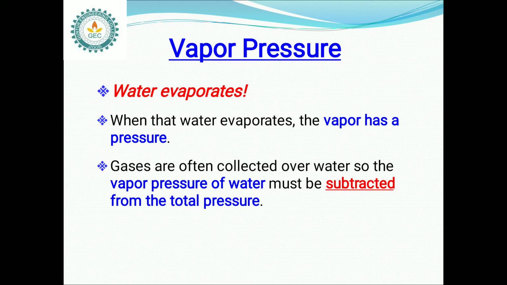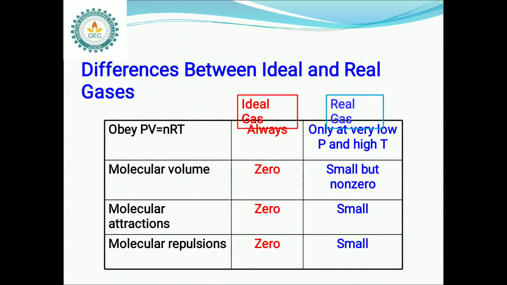Whenever the water gets converted into vapor, the vapor has an immense amount of pressure. By that pressure, the lid gets lifted and the whistling starts. Likewise, vapor pressure: when the water evaporates, the vapor has a pressure. Gases are often collected over water, so the vapor pressure of water must be subtracted from the total pressure.